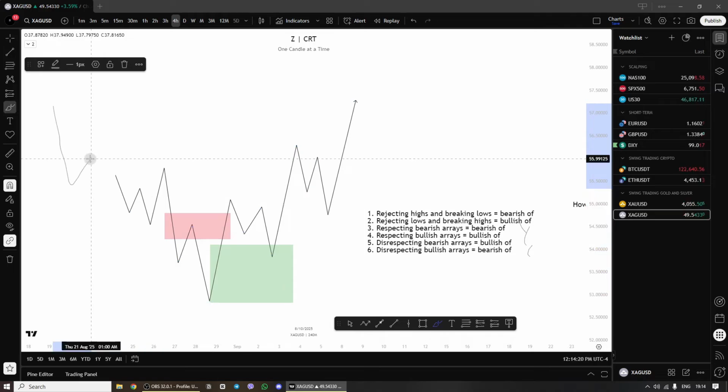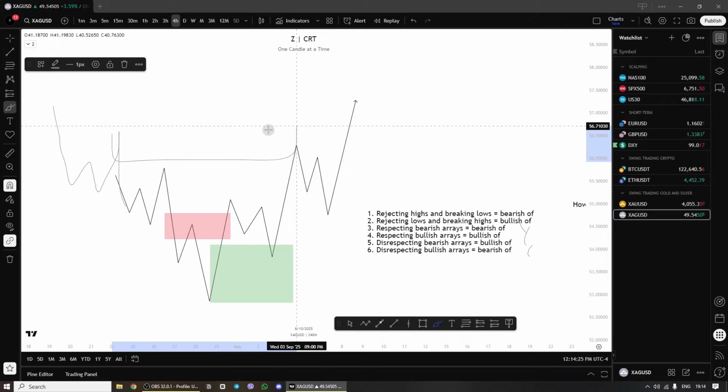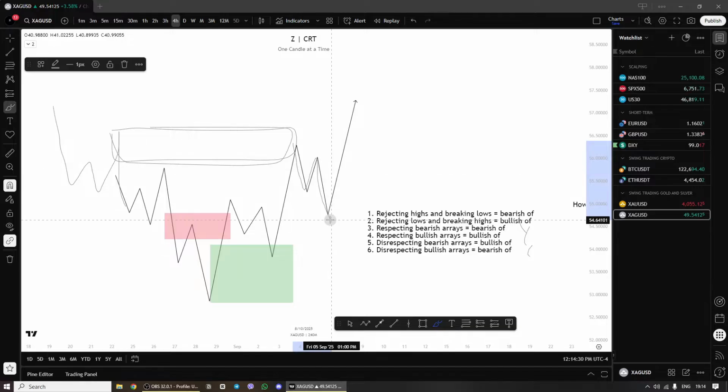Imagine you have another leg here where you have a PDA, let's say this is an OB. You get a retracement into a bullish array. So if we are truly bullish, this falling down into another key level will only be a retracement.